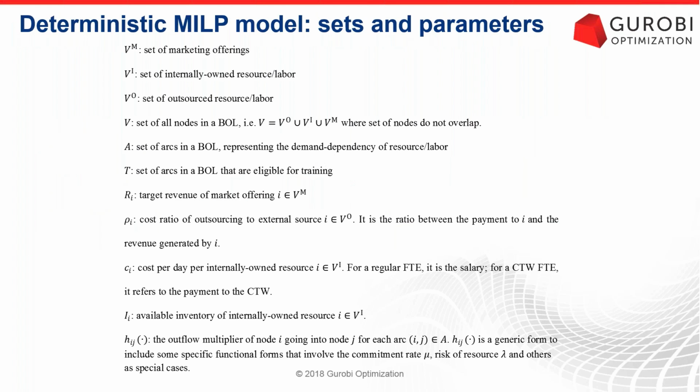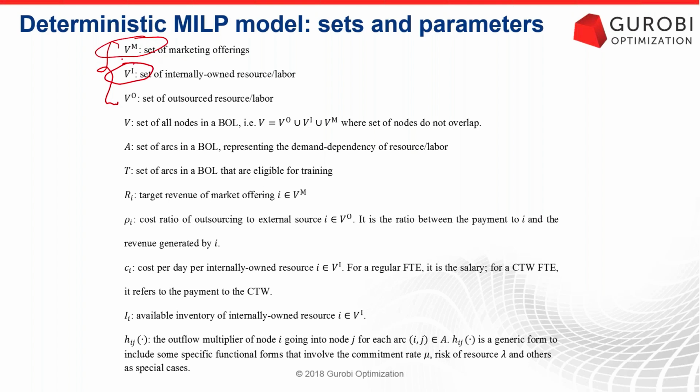Now let me go through the deterministic mixed integer linear model formulation. I'm not going to go through all the notations, but I would like to draw your attention to the following pieces. First, we would like to differentiate some of the nodes, that is, the types of resources in the bill of labor. We differentiate the set of market offerings, which are usually on top of the bill of labor structure, which is indeed the outputs of service delivery.